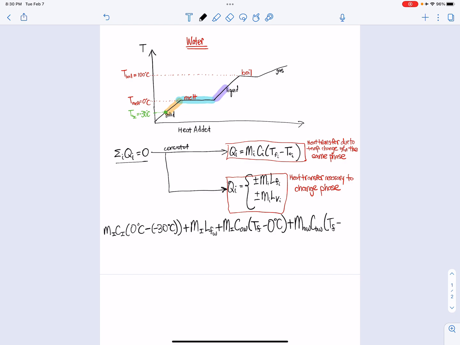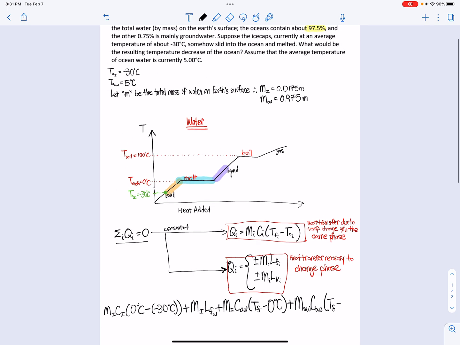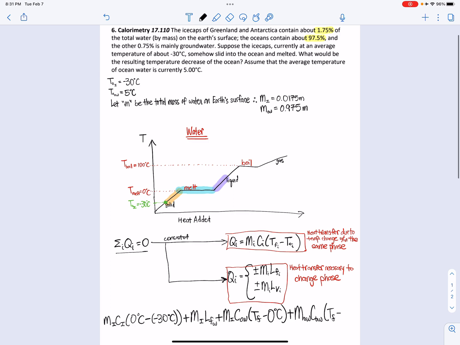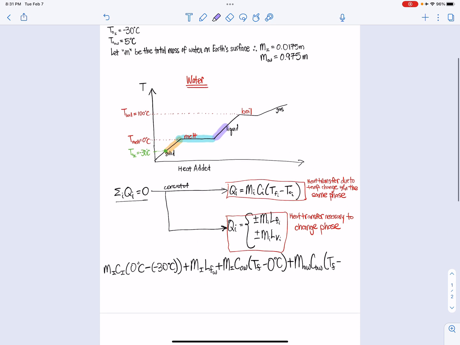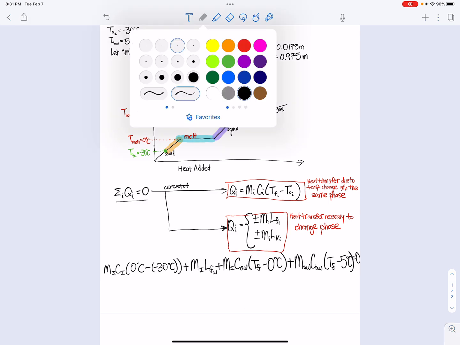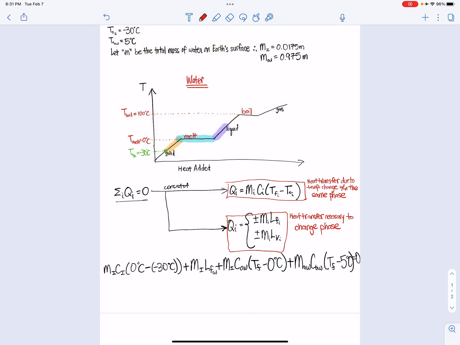But we do know what the initial temperature of the water is. It was given at 5 degrees Celsius right there. So minus 5 degrees Celsius. Okay? And all that equals 0.